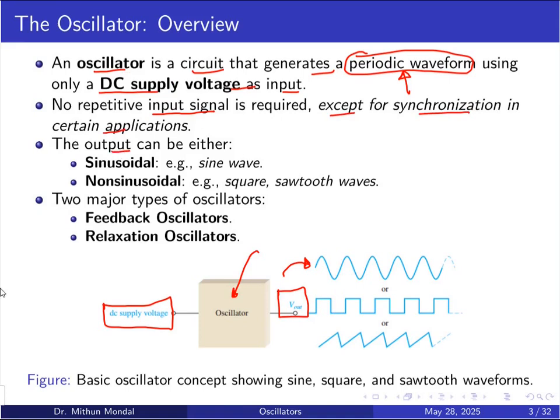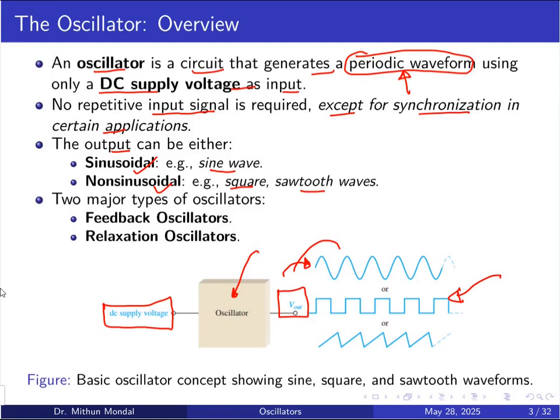The output that we get from the oscillator is either sinusoidal, which is the sine wave, or non-sinusoidal, for example the square wave, sawtooth wave, and so on. So the output from the oscillator is periodic in nature, of different shapes, either sine wave or non-sine wave.